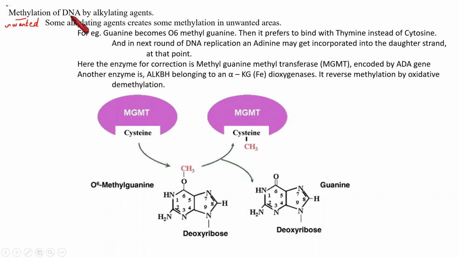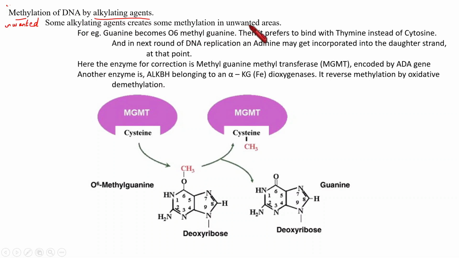Who or what makes that unwanted methylation? Some alkylating agents produce that unwanted methylation in the DNA. So that also is a damage, because the methylation happens at some unwanted sites.